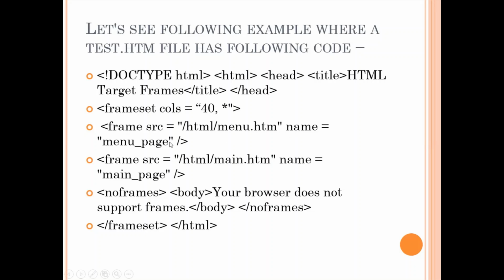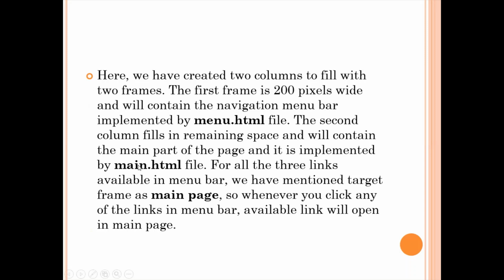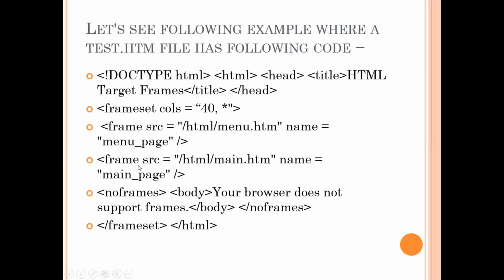The name of the first frame is menu page. The name of the second frame is main page, and we have loaded the first frame with the file menu.html, and this is loaded by another file, that is main.html.